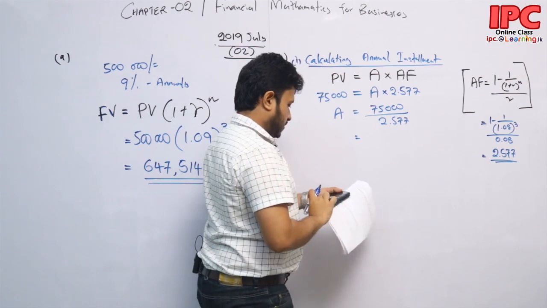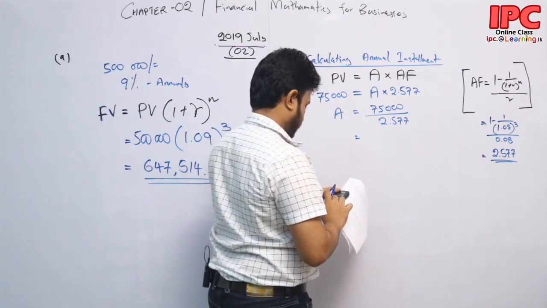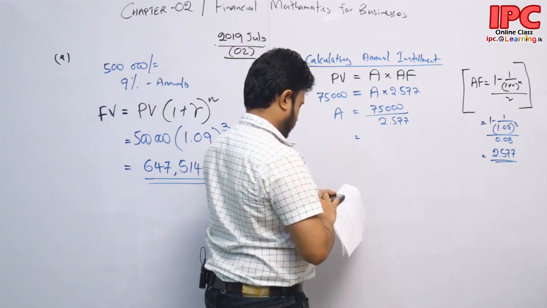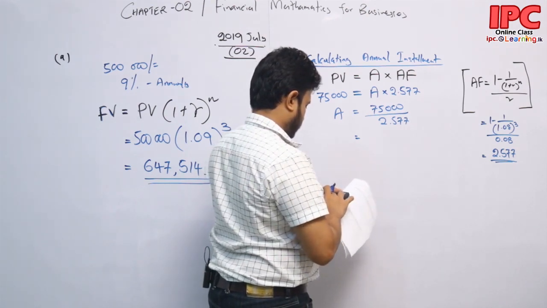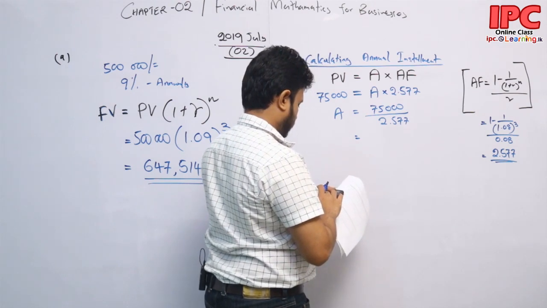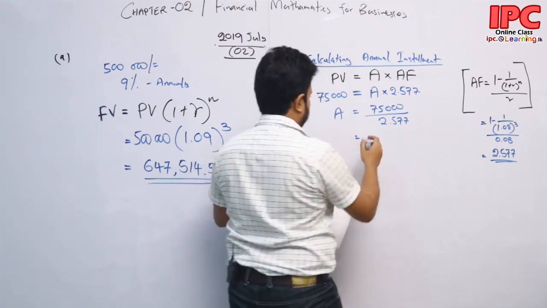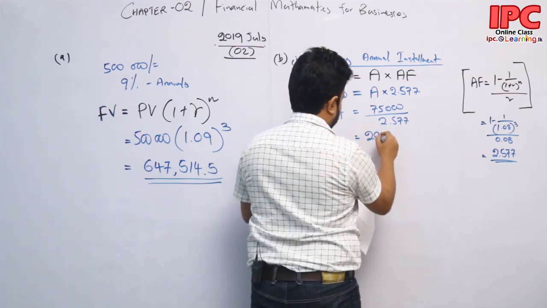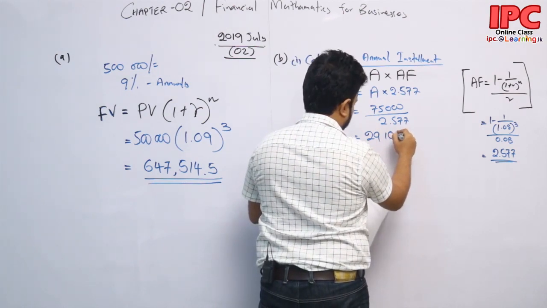So 75,000 divided by 2.577, it is 29,104.